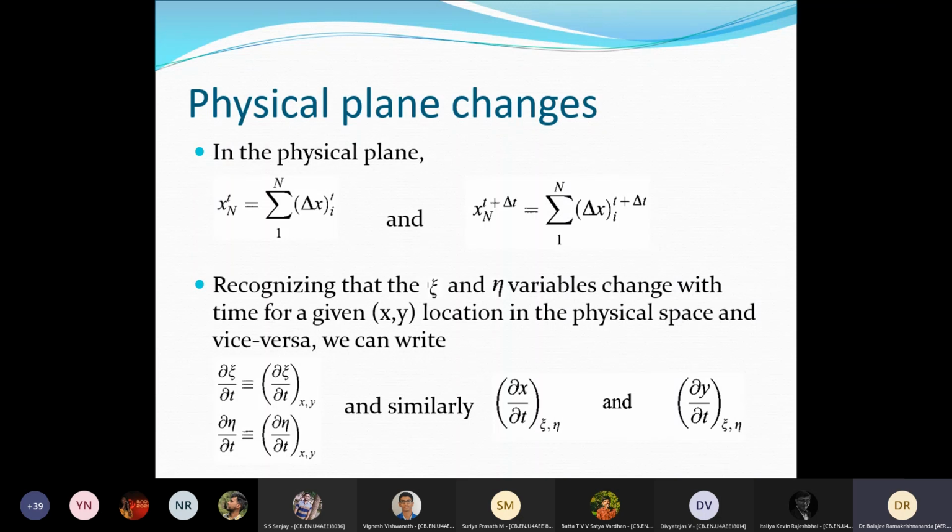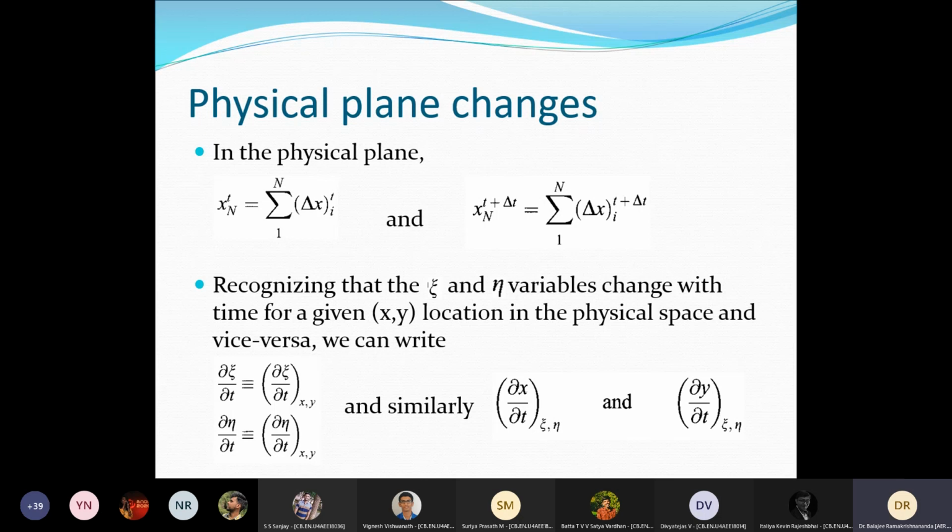Now you focus on the physical plane. You focus at a point in the physical plane. There, x comma y is constant, but when you change this delta i, then the xi and eta which you see in the physical plane will be different. They will be varying with time. For example, the same point in xy may correspond to 1, 2, but after this clustering, at the same point you may get 4, 5. 4, 5 at the same xy location.